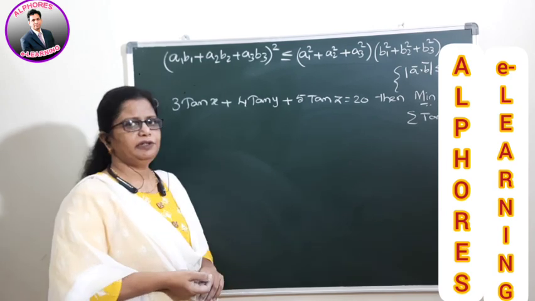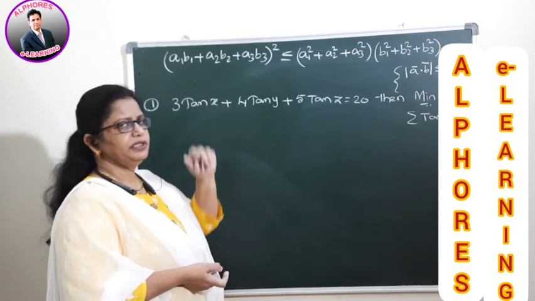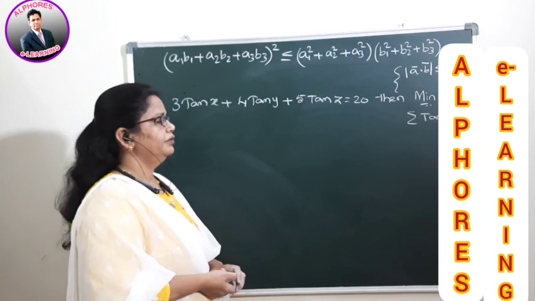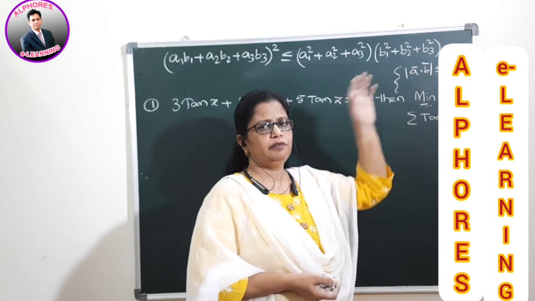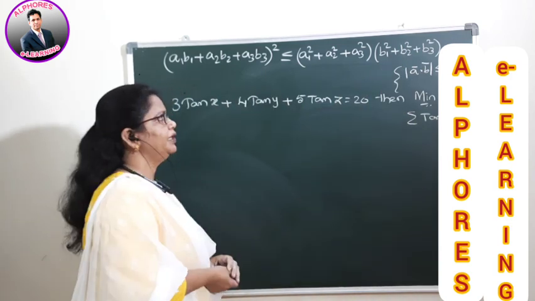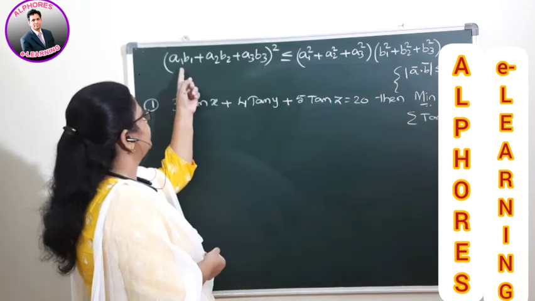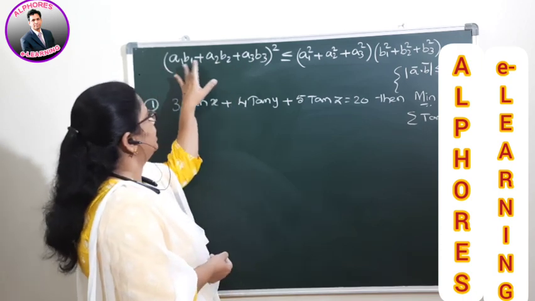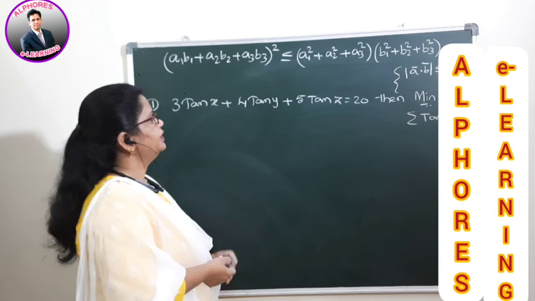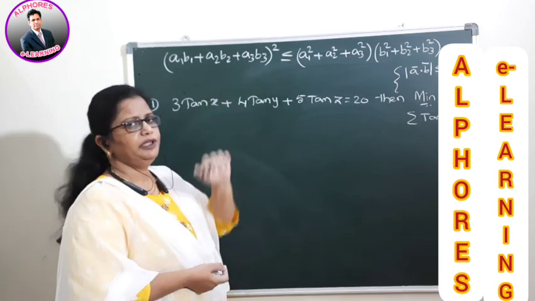Now observe, students, one more inequality. This is known as the Cauchy-Schwarz inequality, which you got from vectors: mod of a bar dot b bar is less than or equal to mod a bar mod b bar. And the meaning is here, observe, two different sets of quantities are there. One set of quantities is a1, a2, a3 and another set is b1, b2, b3.